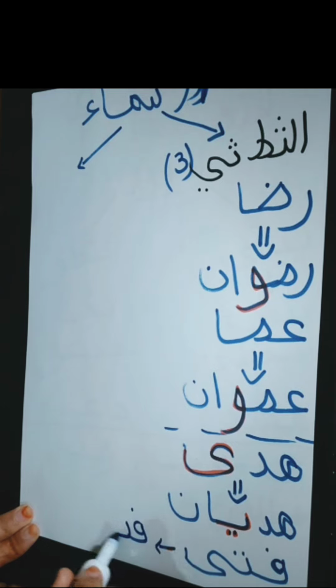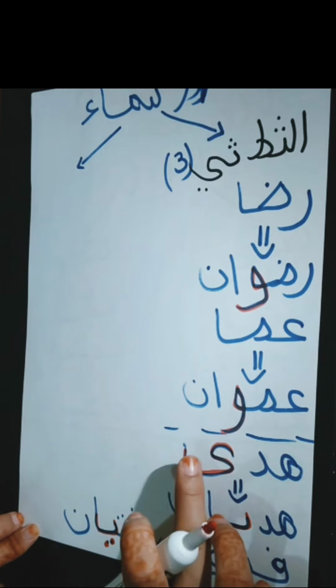This is masculine, if you are talking about boys. But if you want to talk about feminine, we use ليا more. فتيان, هديان, we can see that ليا is in these words. For that, we write الألف المقصورة.